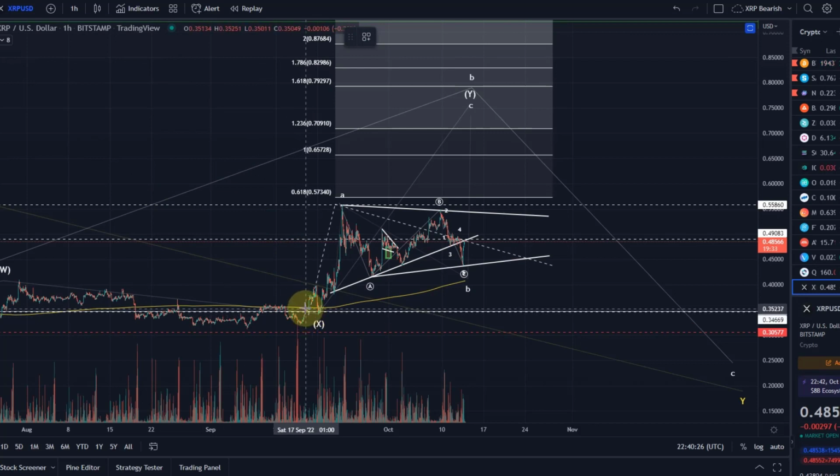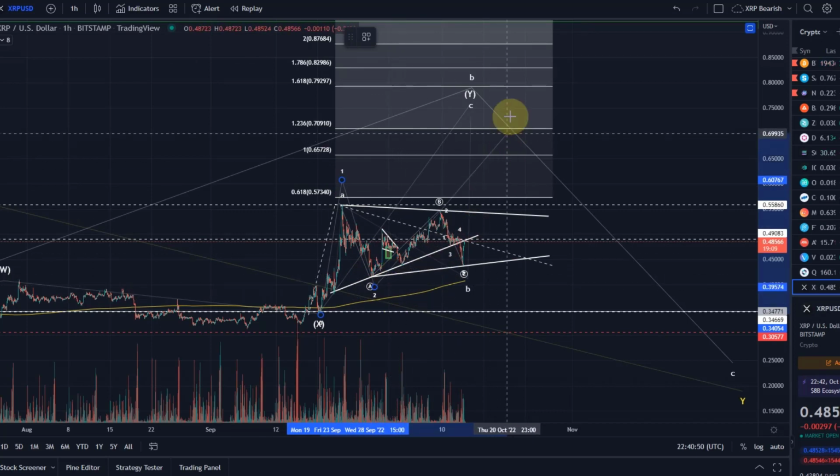We have a few 1-2 setups down here, but the most relevant one is, no, not this one. Take that out. So we would say that we started an impulse from here in a wave 1, we came down in a wave 2 here, and we are now moving up in wave 3.